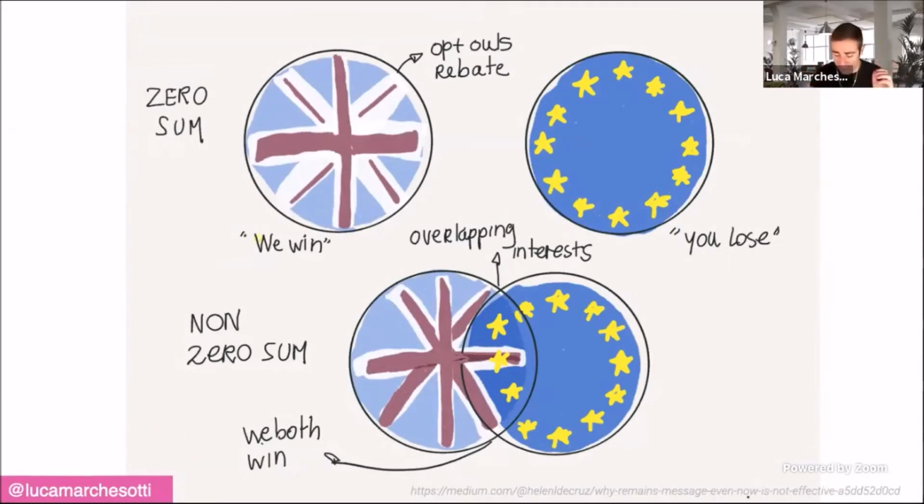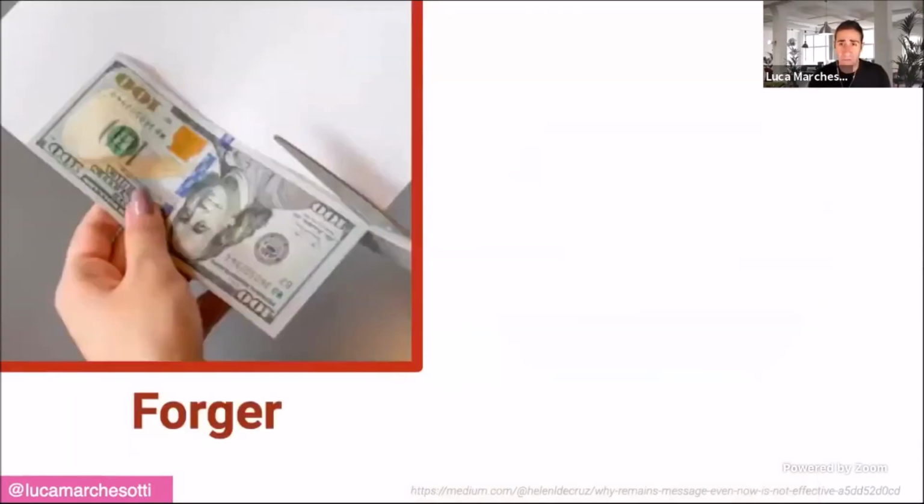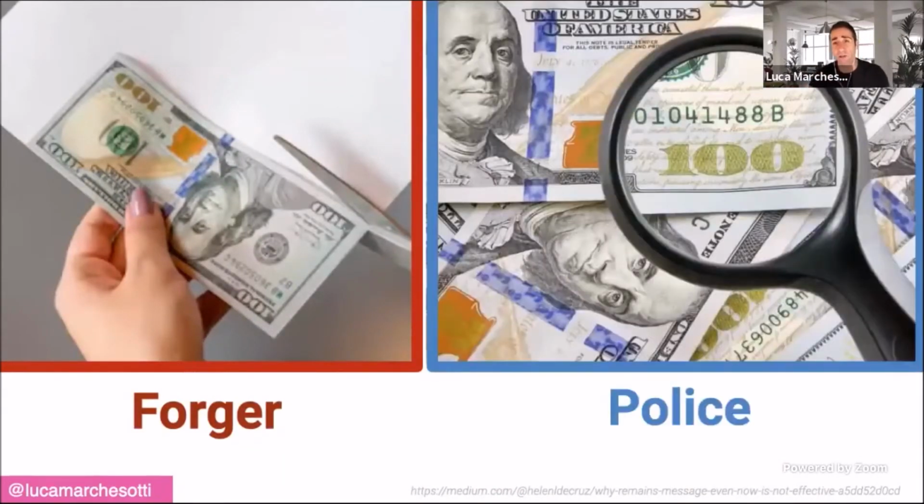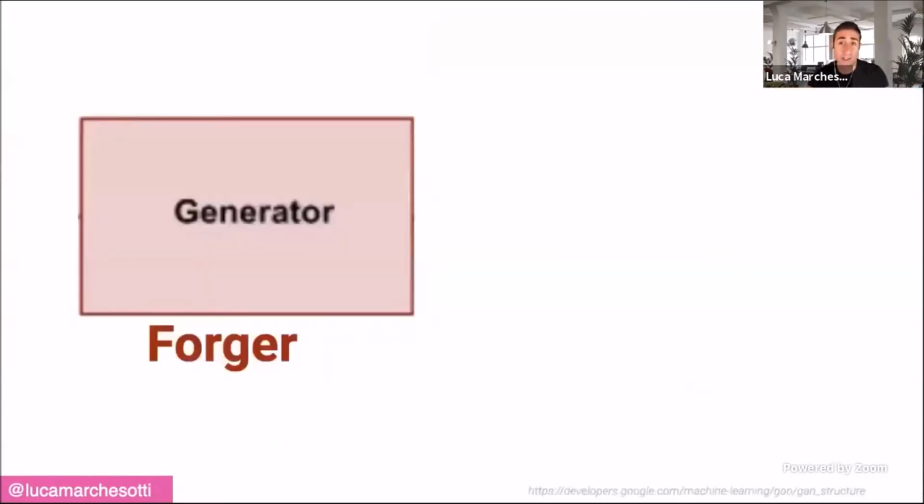With GANs and with deep learning in general, the interesting thing is that we have this two players game. One is a forger, that tries to make fake money, and the other one is the police, that is trying to allow legitimate money, and is also trying to catch counterfeit money, right? So let's call the forger a generator.